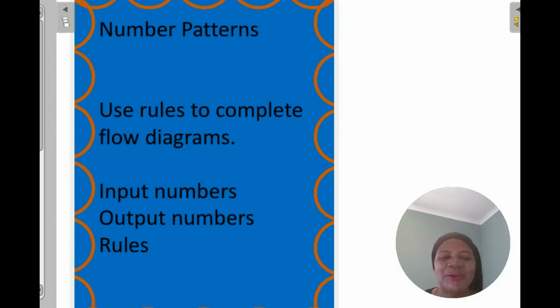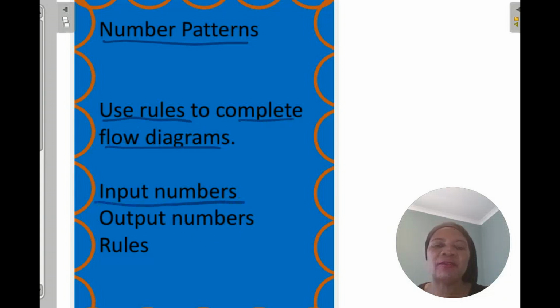In this video, we are going to be doing number patterns. We are going to use the rules that we are given to complete the flow diagrams. You remember that in a flow diagram we have input values, output numbers, and the rule.